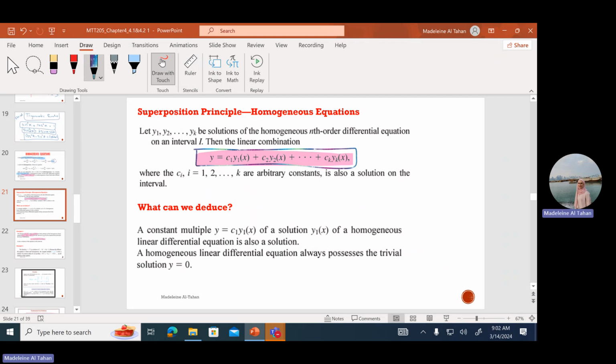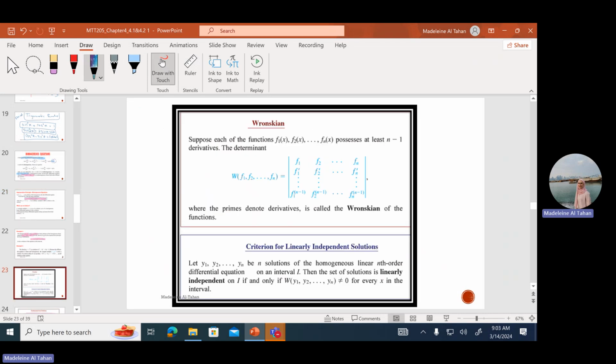It's said that if we have a second order equation, we should have 2 independent solutions. If we have 2 independent solutions, then we say about them that they are a fundamental set of solutions. In order to determine linear dependency or independency, what do we need to find? Yes, the Wronskian.